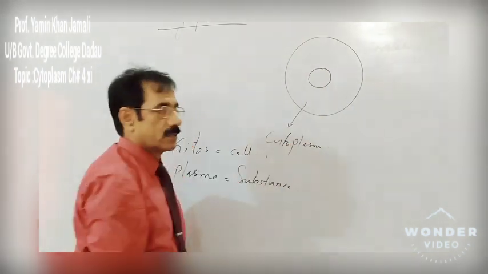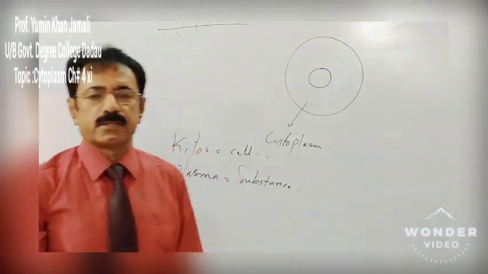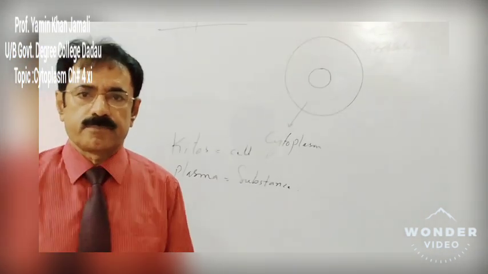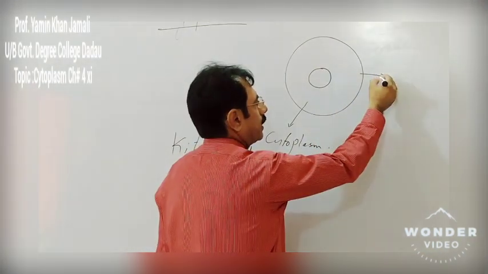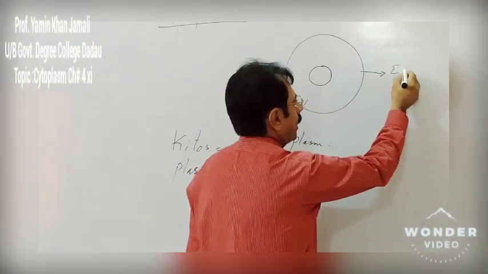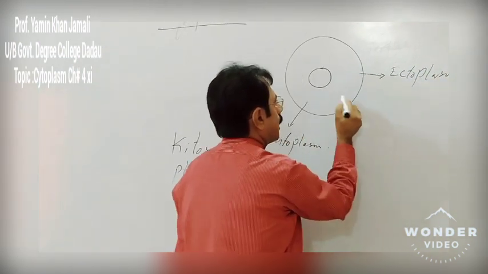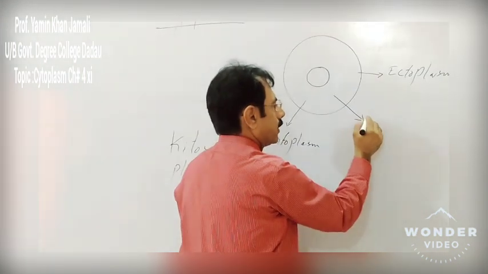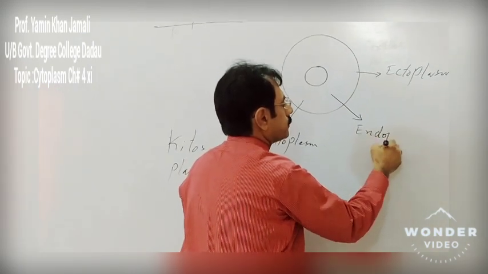This is the cytoplasm, a jelly-like substance. This jelly-like substance, cytoplasm, has two distinct parts. The outer cytoplasmic material is called ectoplasm, and the inner material near the nucleus is called endoplasm.